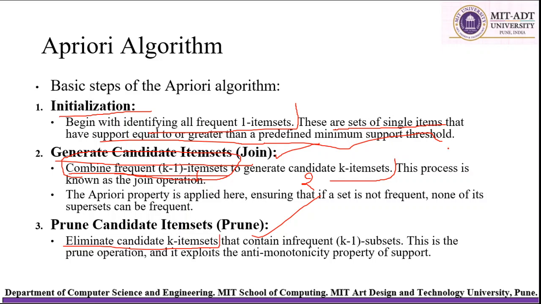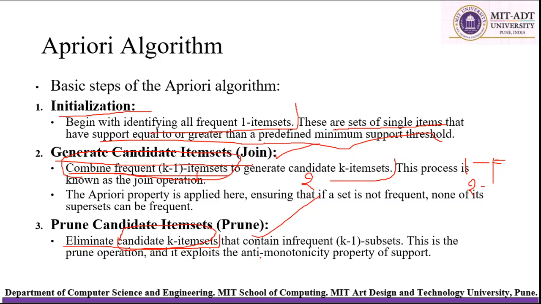Getting it? So from the one frequent item sets, we combine all these in the group of 2 items. And these are called candidate items or candidate item sets. Now, from these candidate item sets, we'll eliminate those which are not satisfying the minimum support value.